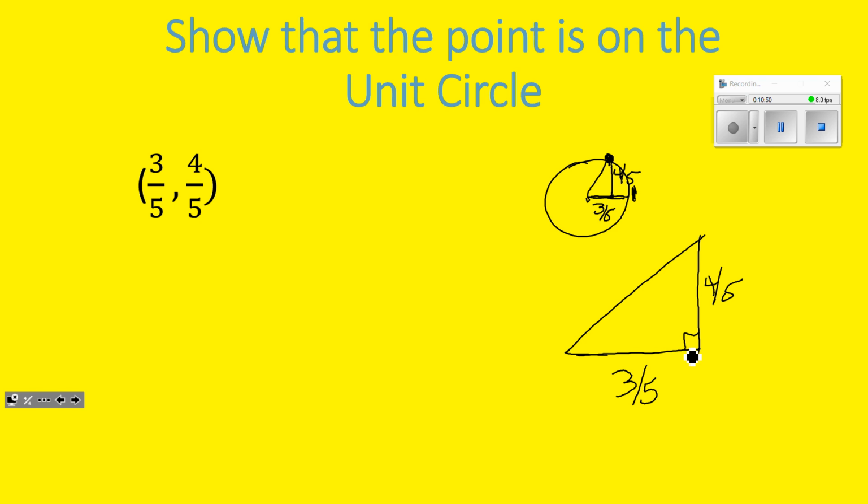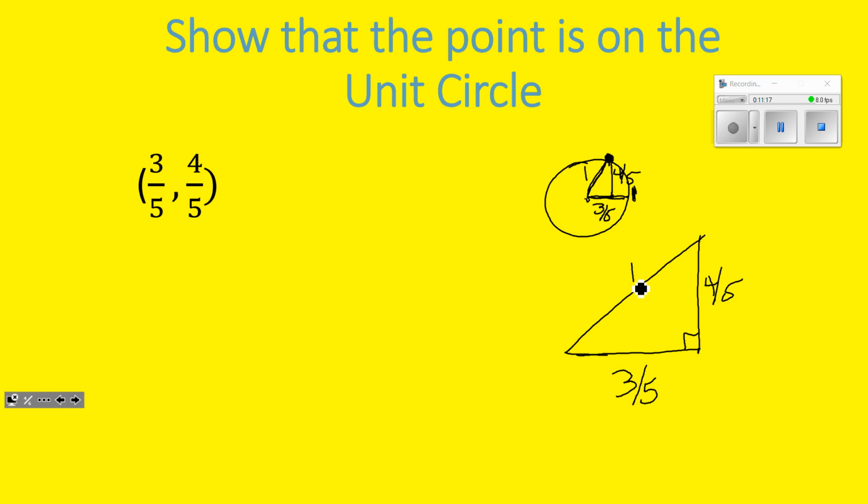A right triangle. Okay? And this right here looks like what? If I'm starting at the center and ending on the unit circle, it should be 1 because it's a radius. Do you understand that? So the hypotenuse should be 1 if it's on the unit circle.